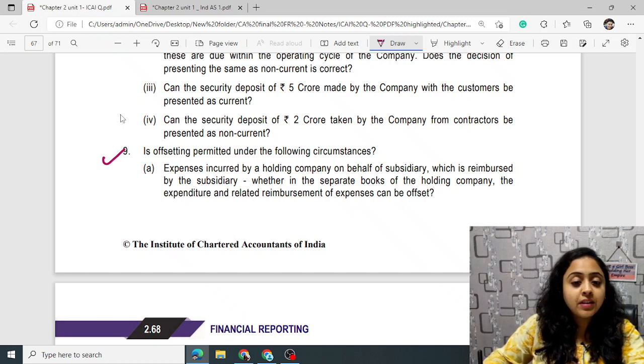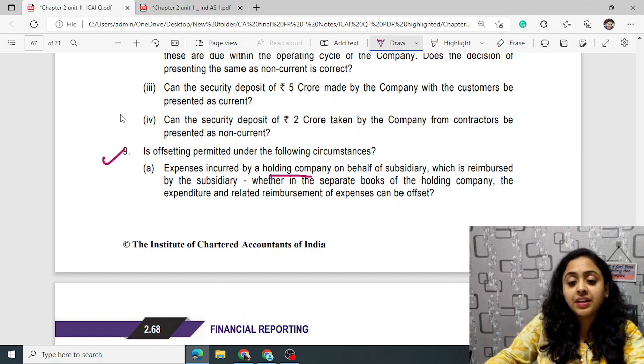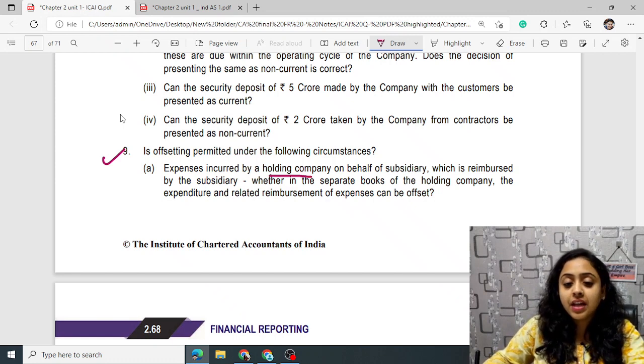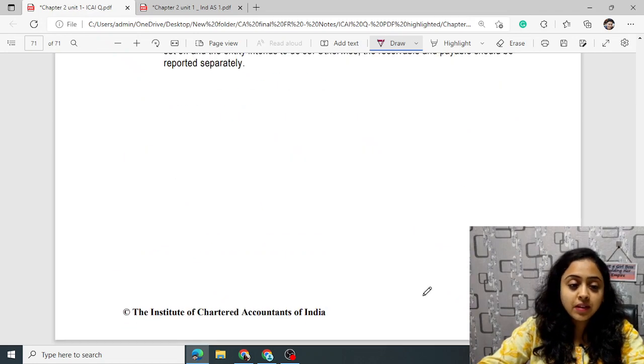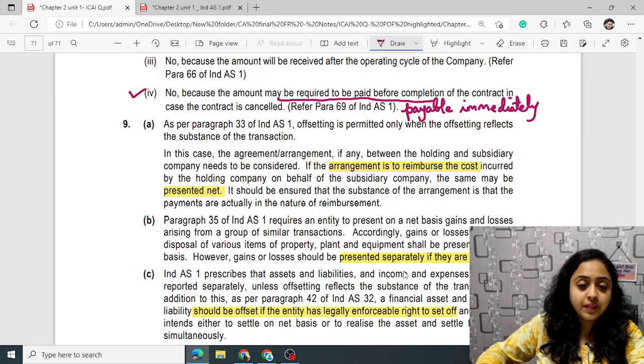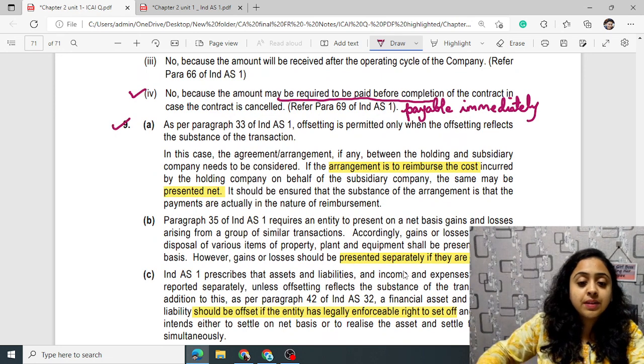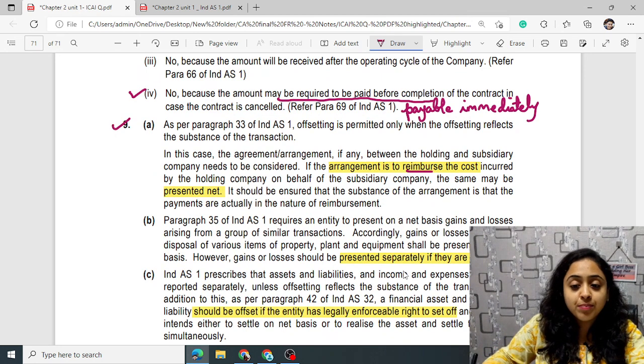Expenses incurred by a holding company on behalf of a subsidiary, which are reimbursed by the subsidiary. In the separate books of the holding company, can the expenditure and related reimbursement of expenses be set off? Answer 9.A. If the arrangement is to reimburse the cost incurred by the holding company on behalf of the subsidiary, the same may be presented net.